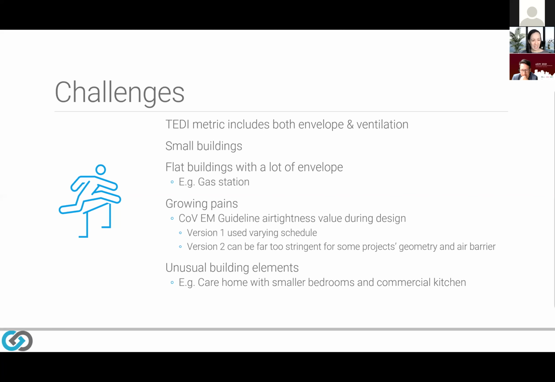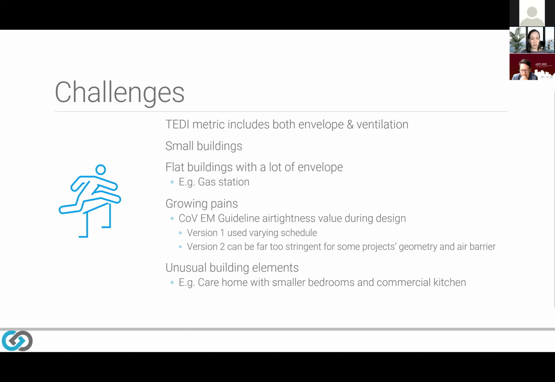And then the last challenge I wanted to bring up was when we have buildings with an unusual element. So for example, if you have a care home that falls into the residential archetype, oftentimes they'll have smaller bedrooms and they may not have their own kitchen. Instead, they have a commercial kitchen where everybody eats and all the food is prepared.